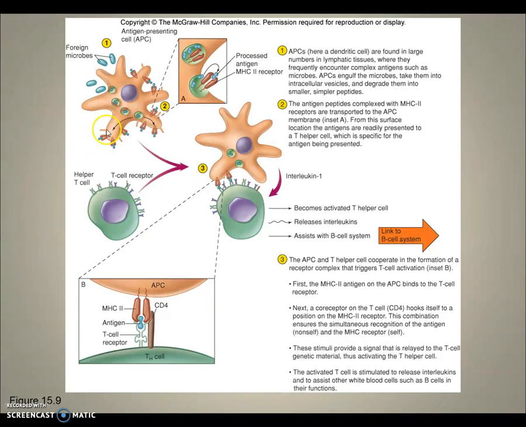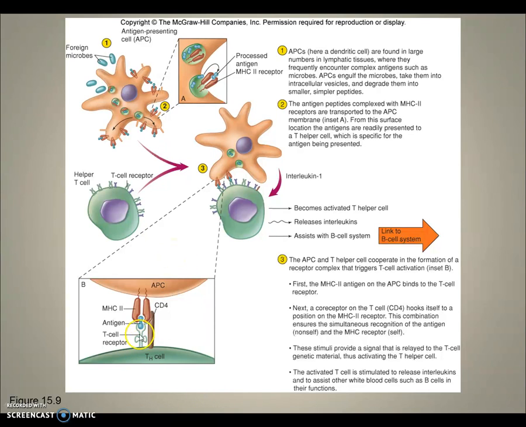This is a dendritic cell, and it recognizes this microbe, and it's processed the antigen, and it's kind of holding the antigen on the surface, and it's going to come on over, and it's going to bind to this T cell right here.